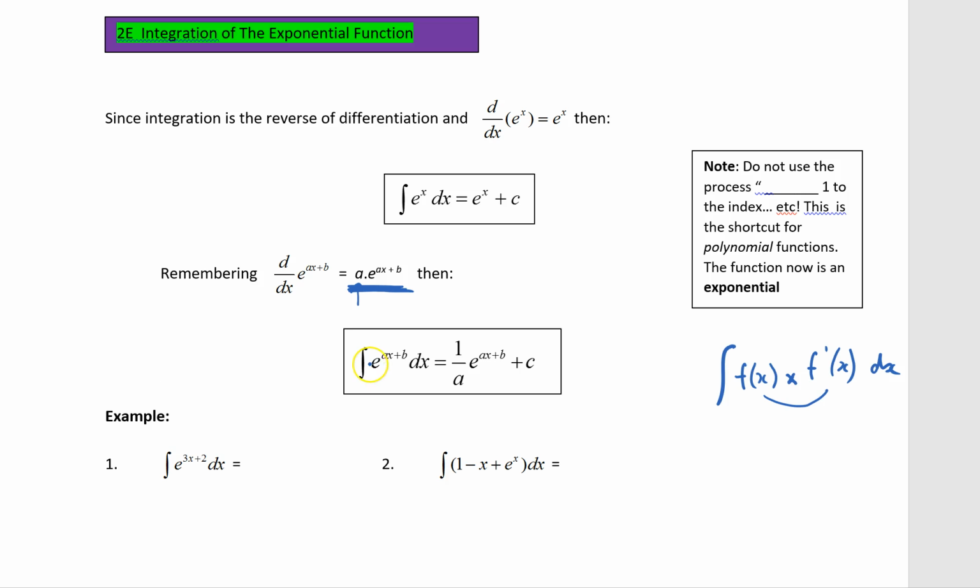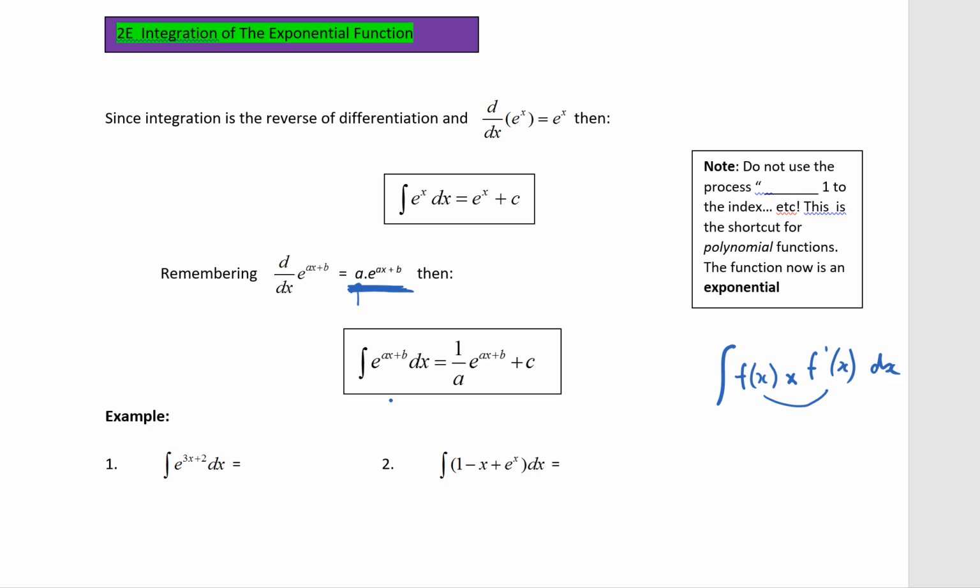If there wasn't an a sitting there, then that means that constant got cancelled out when it was differentiated. So now we've got to include that constant back in the denominator so that it cancels out. You'll see examples of that, and I'll talk more about those situations when we get to them.